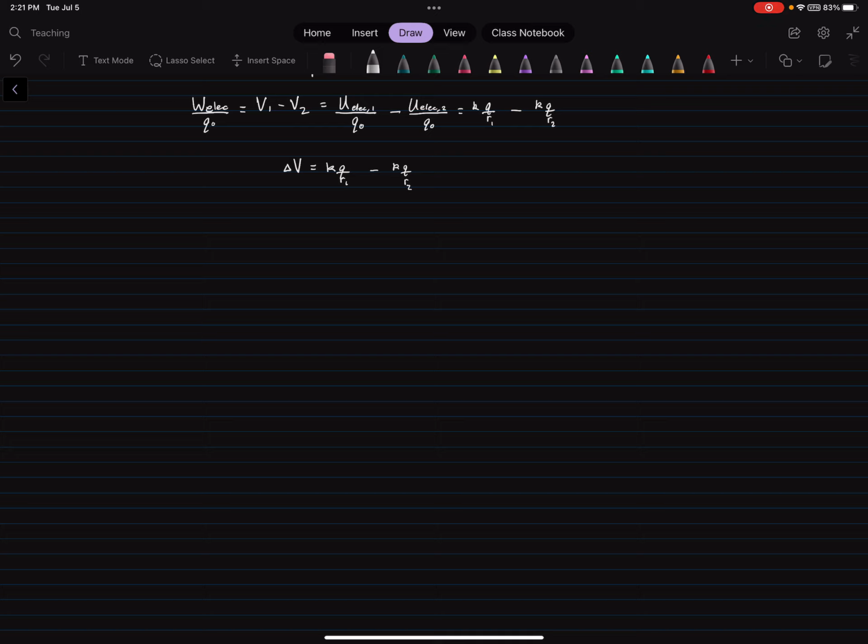Since the joule is the unit of work and energy, potential has units of work per charge, and so joule per coulomb. Those would be the units of potential.